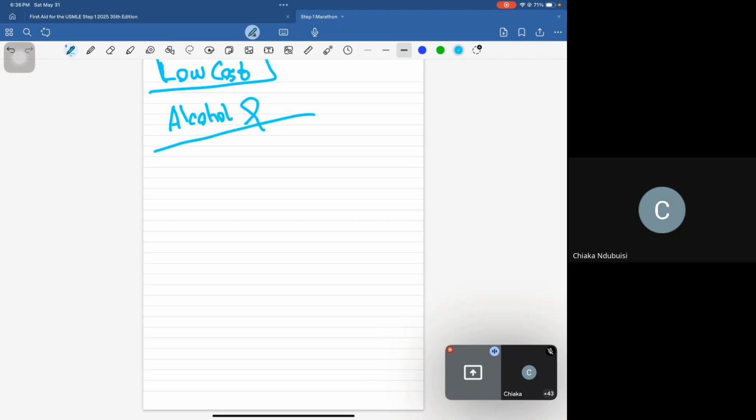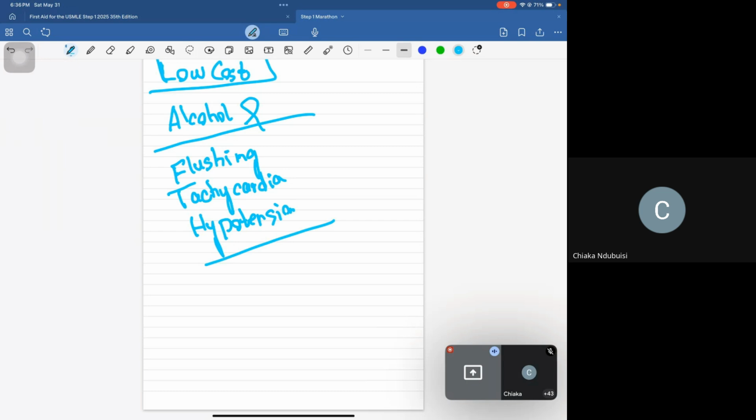And when that alcohol is not cleared from the body, you are going to get flushing, tachycardia, and hypertension due to that alcohol. All of these things are going to happen when you give first generation sulfonylureas along with alcohol, right?